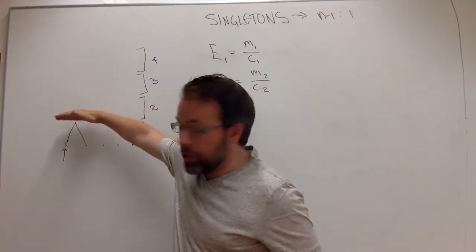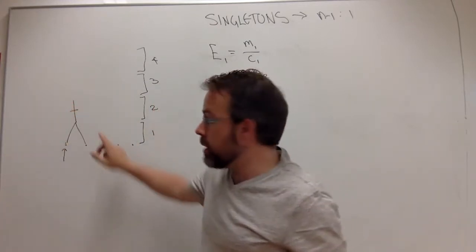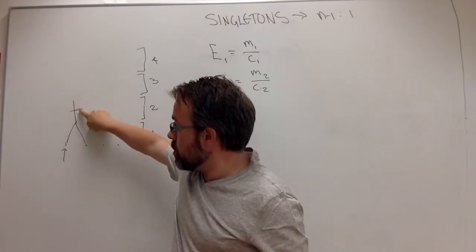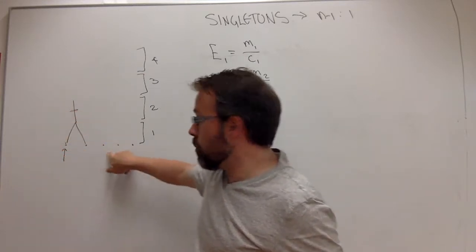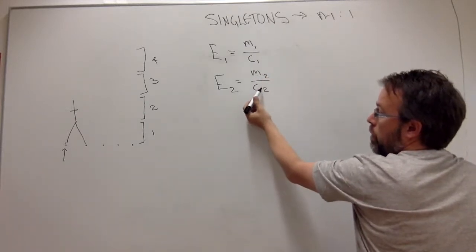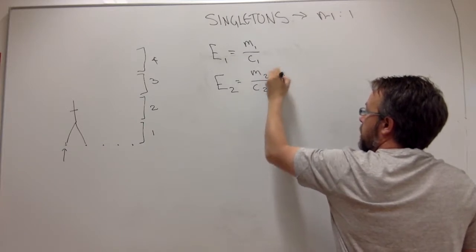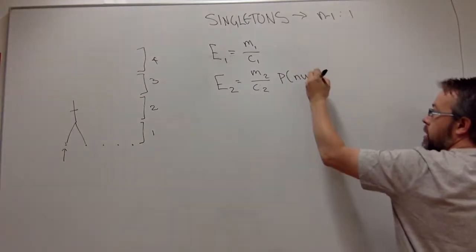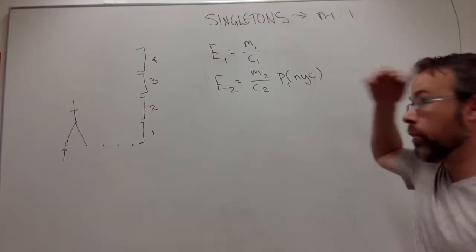If it did, then there are no more singletons, because any mutation that occurs there would differentiate these 2, not 1, individuals from these 3. So we need our relevant M2 over C2 times the probability that it has not yet coalesced after one interval.